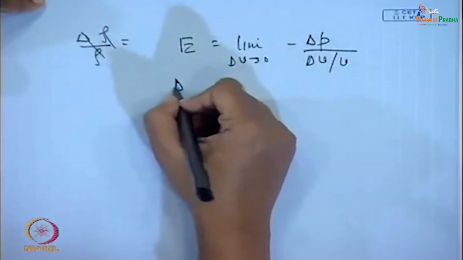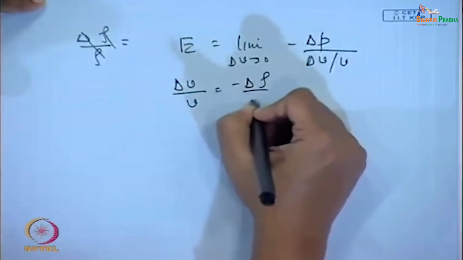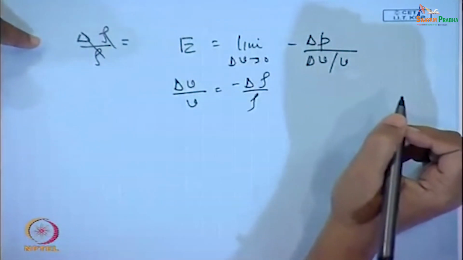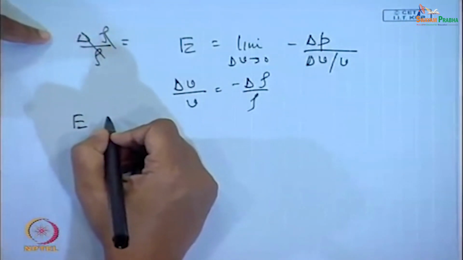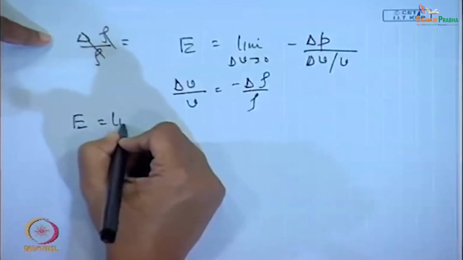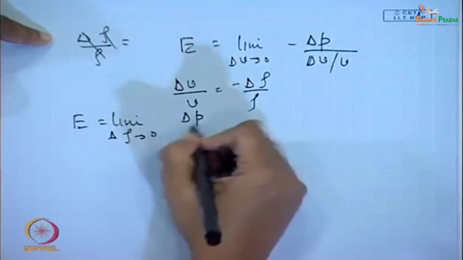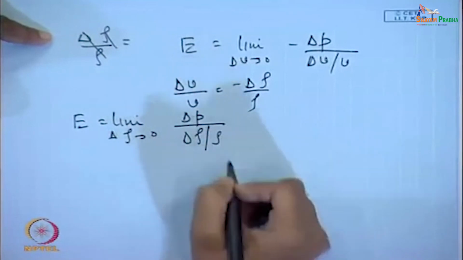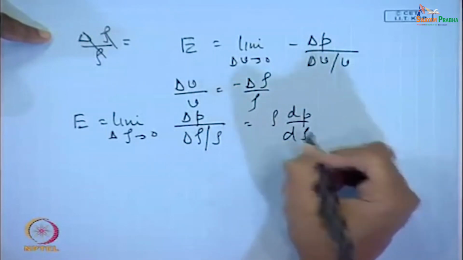And just like I had written it down, this is nothing but equal to this particular term. Now, if we define E in terms of density, then E will be equal to, as I had already done, delta P by delta rho by rho, or rho dP d rho.